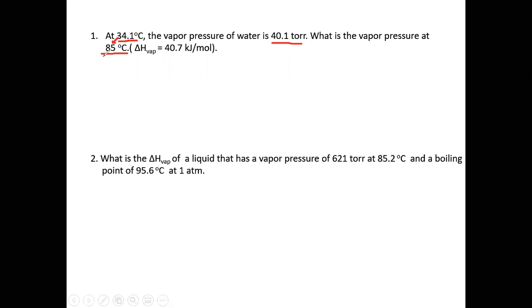We're going to be using the two-point form of the Clausius-Clapeyron equation. So our P1 is 40.1 torr, and T1 is 34.1 degrees Celsius, but we'll need to convert it to Kelvin.